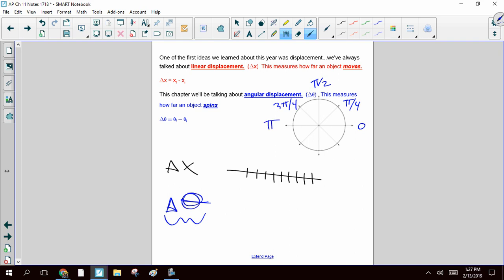So if you've got an object on a merry-go-round, and it goes from a position of pi over 4 radians all the way around to pi radians, then your change in angular position would just be 3 pi over 4 radians. Okay. Super quick, just to refresh your memory about these things.